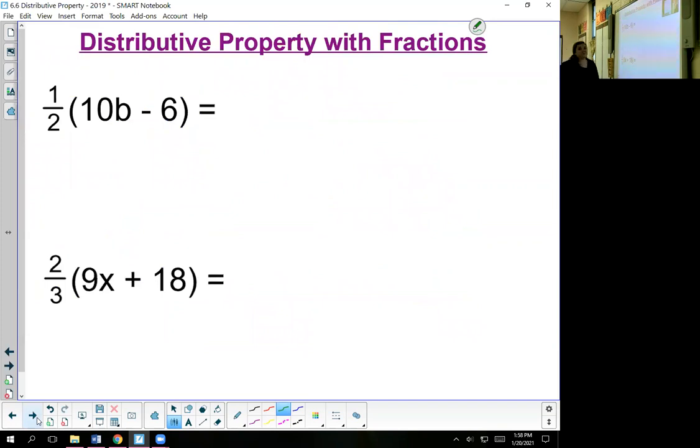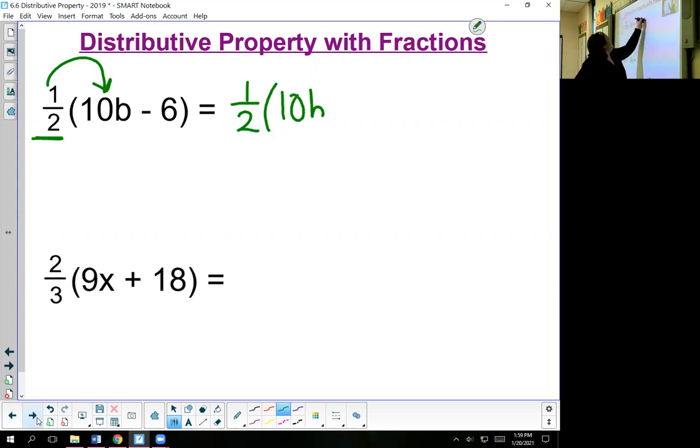Okay, last type of examples is with fractions. You know how to multiply fractions. You have to keep them as fractions because some of these will repeat. So same concept. This is my factor, so I'm going to factor or distribute this out to this one here. So this is half of 10b minus, because this is minus, and then I'm going to take half of 6.